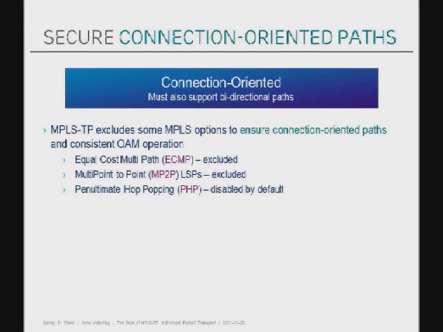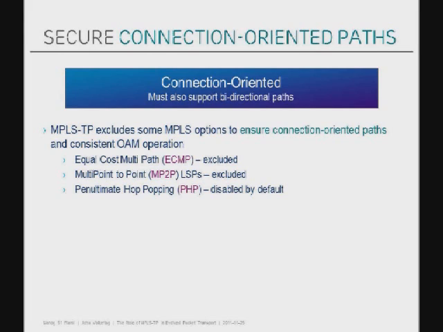So I mentioned already the connection-oriented capabilities. Because the OAM is running over the data path, it's very important that every single packet is carrying exactly the same path all the time. Therefore, ECMP is being excluded from MPLS-TP. With ECMP, the traffic may be balanced between different routes throughout an infrastructure, but that may result in one route working and the other route being broken.